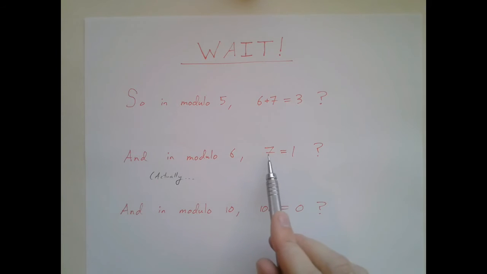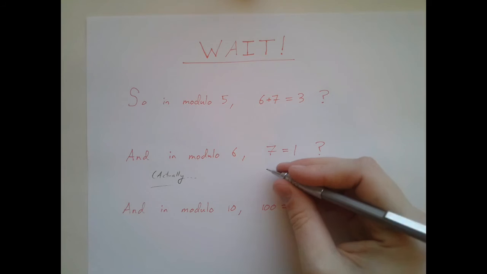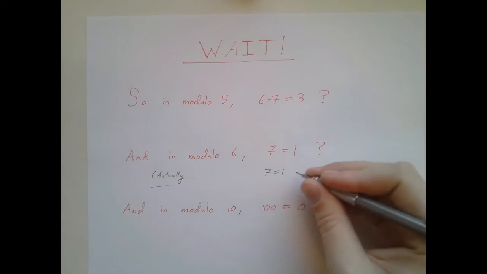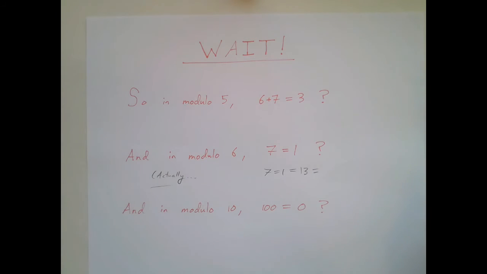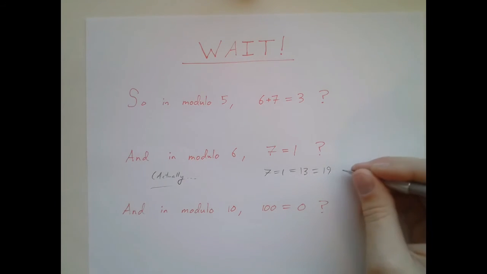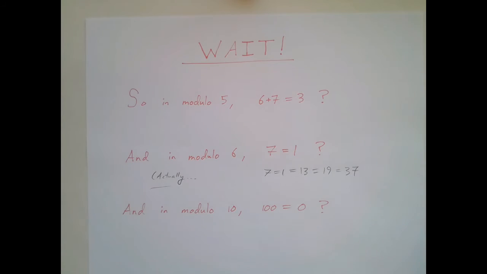Or in mod 6, 7 equals 1. Or actually, to remind myself, you could say 7 equals 1, 7 equals 13, 7 equals 19, 7 equals 37. All these numbers are equal, right?